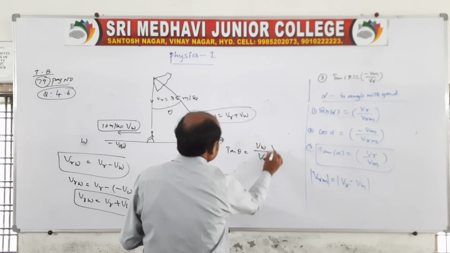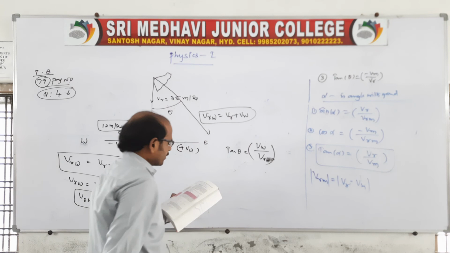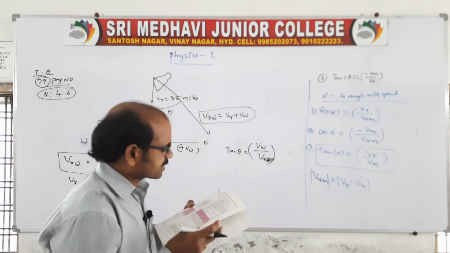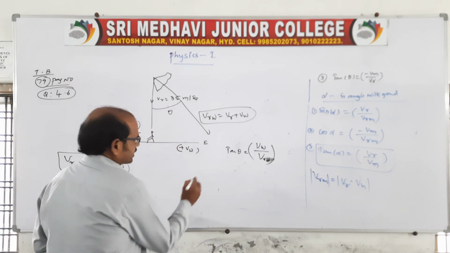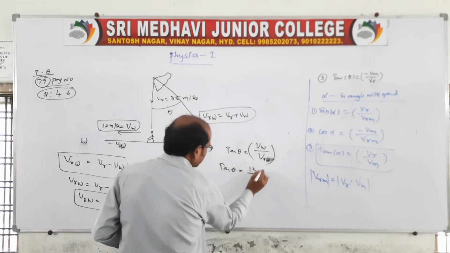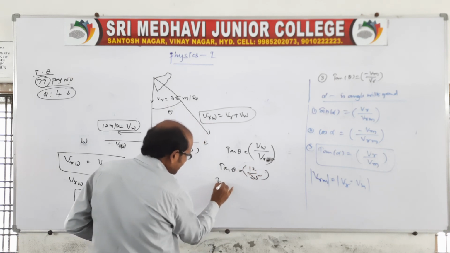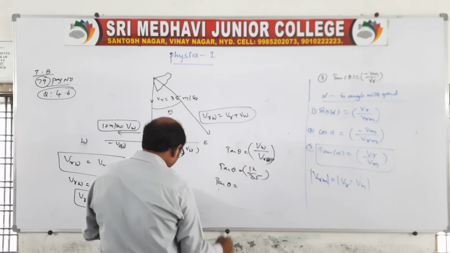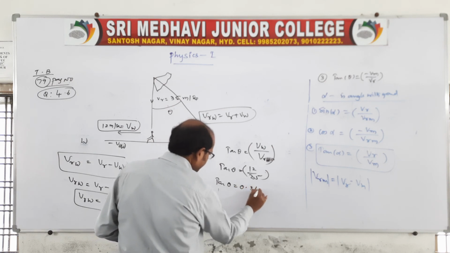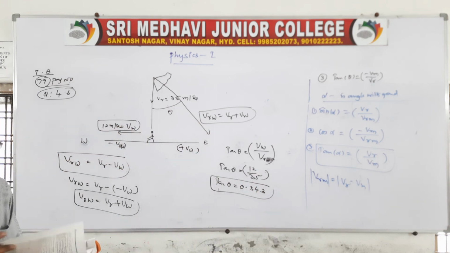We can directly take the rain velocity, because it is given that the rain is falling vertically with a speed of 35 meters per second. Therefore tan theta is equal to Vw, which is 12, divided by 35. Approximately, tan theta is equal to 0.343. This is the final answer.